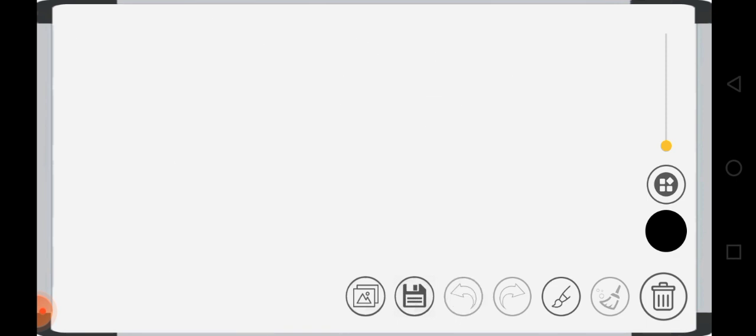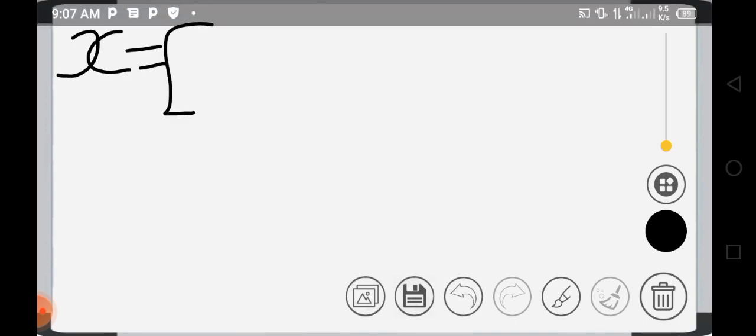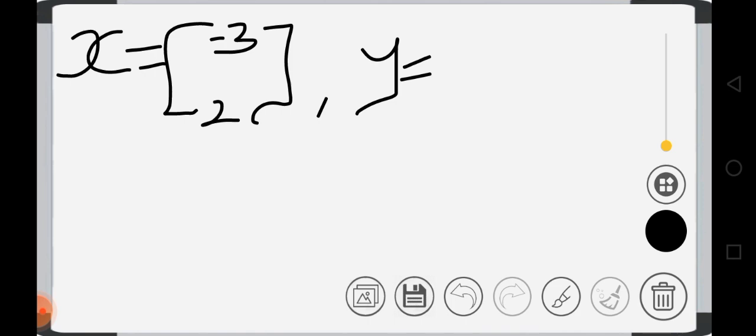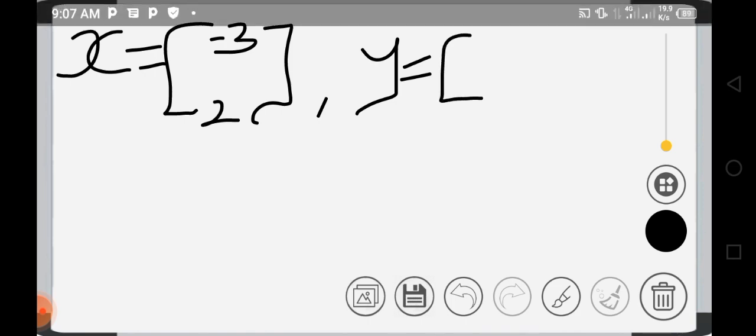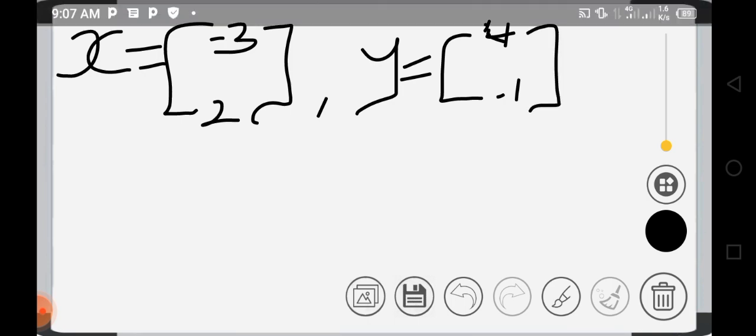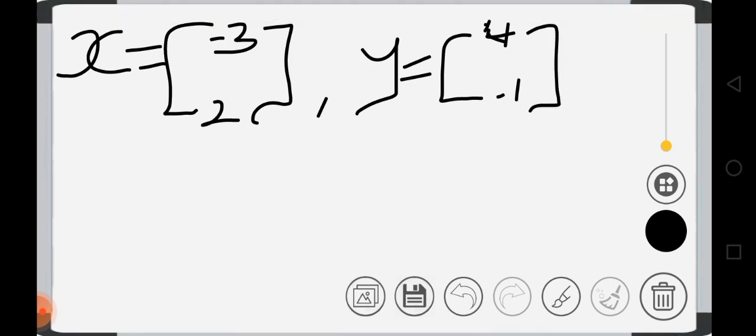Then, if x is equal to (minus 3, 2) and y is equal to (4, minus 1), find x plus 2y.